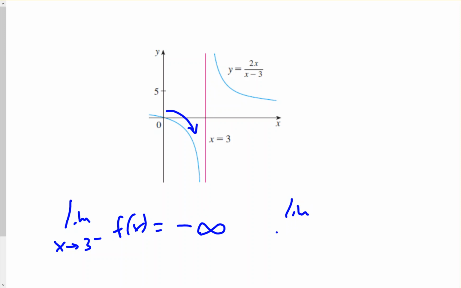If we do the limit as x approaches 3 from the right of our function, then if you look at 3 from the right, this is going to approach infinity.